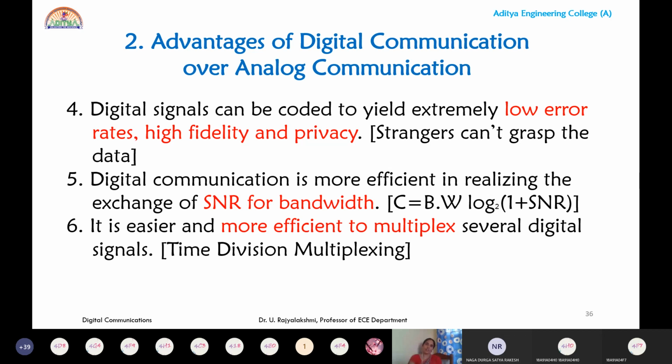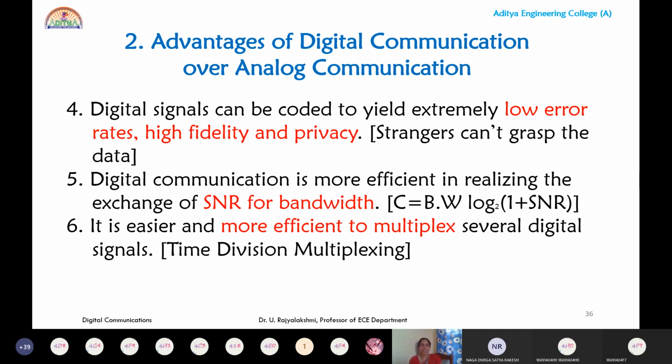Another type of multiplexing is code division multiplexing. Instead of frequency or time, here the code is divided. User 1 will be given the first code, user 2 the second code, user 3 the third code. When you encode, you are representing the data in the form of ones and zeros.